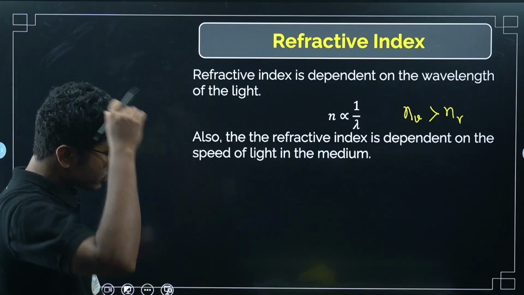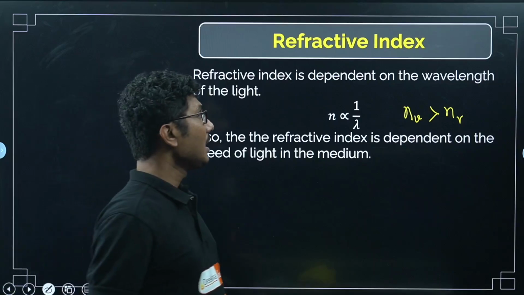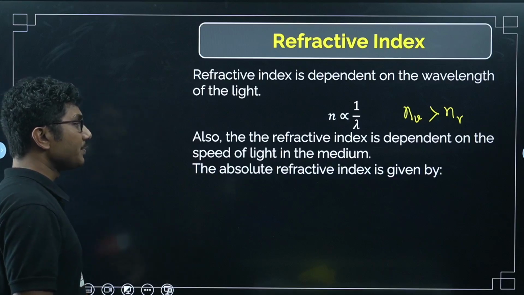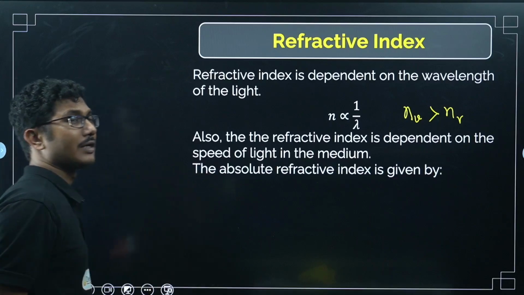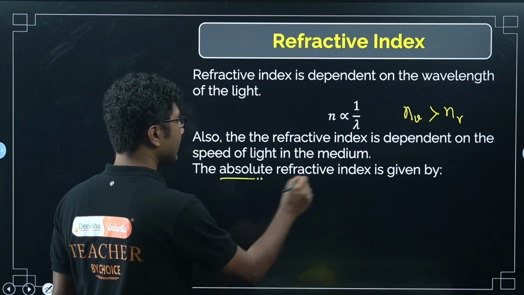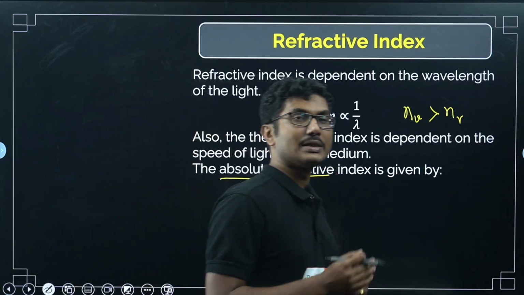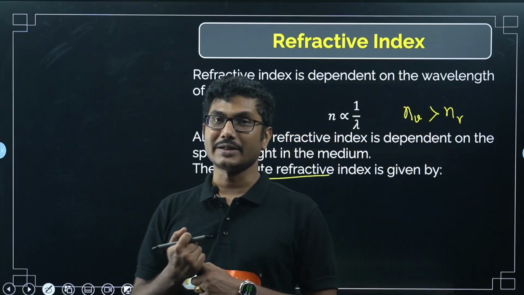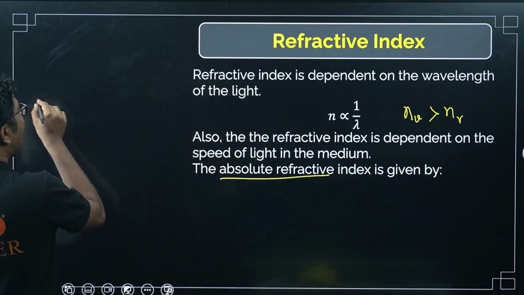Now it also depends on the speed of light. First wavelength is done, now the speed of light. So how is it dependent on the speed of light? The absolute refractive index. What is the meaning of absolute refractive index? When we say absolute refractive index, the first medium from where the ray of light is traveling is considered to be air.